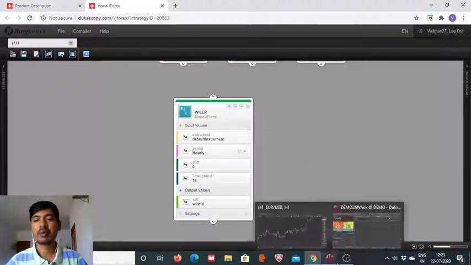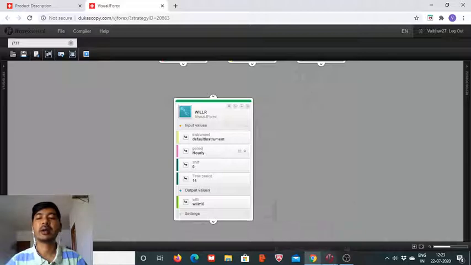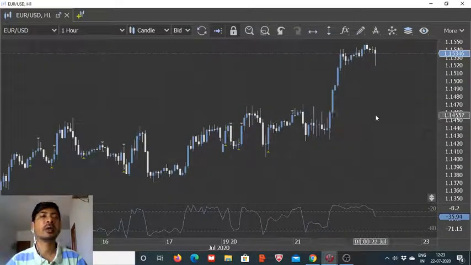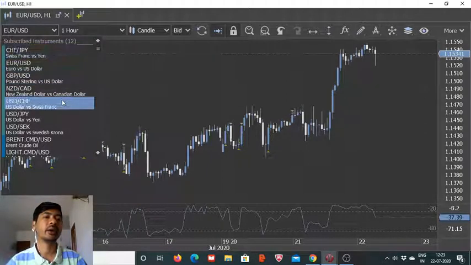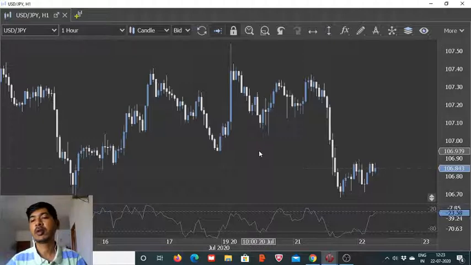Now if we consider the chart, here we have the chart on which the Williams R has been plotted, and here we change the instrument.